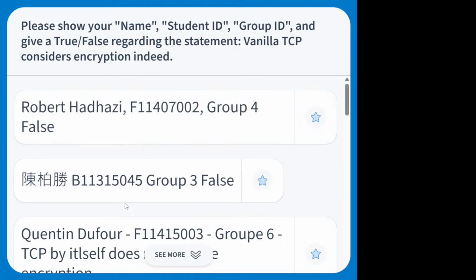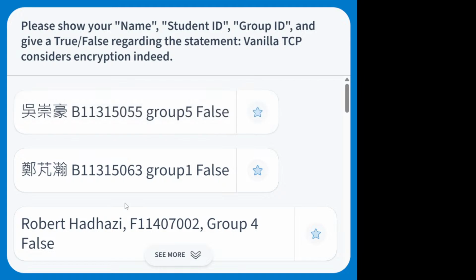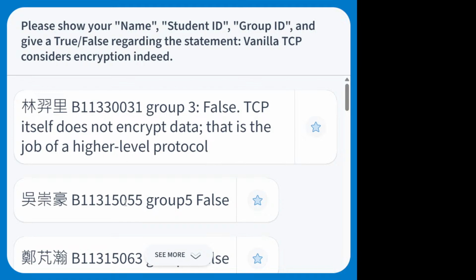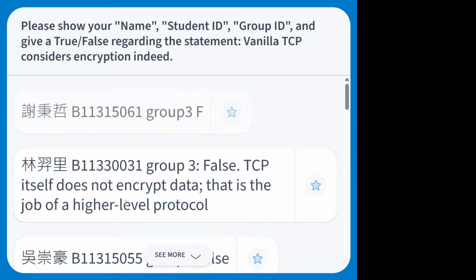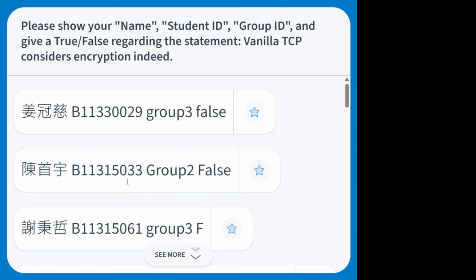Vanilla TCP actually is the original version of TCP. Original version of TCP, does it consider the encryption? Originally, no. All right, so false, that's correct. So this one, no. Because of no, so we should have the enhancement of security to TCP or to UDP. But currently, I ask you TCP.